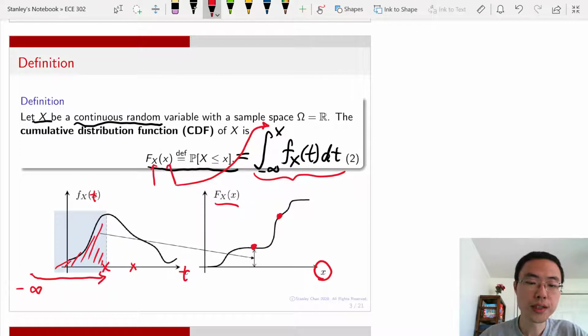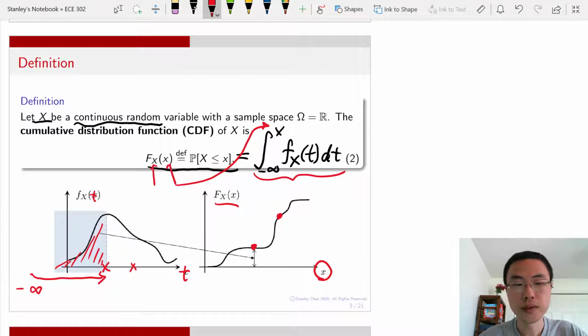Now, notice that because I am integrating the function, the area under the curve has to always go up. The reason is that this is a PDF, and by the definition of a PDF, it cannot give you a negative value.